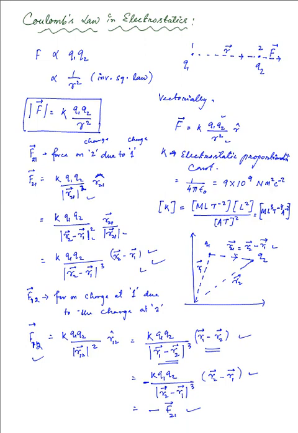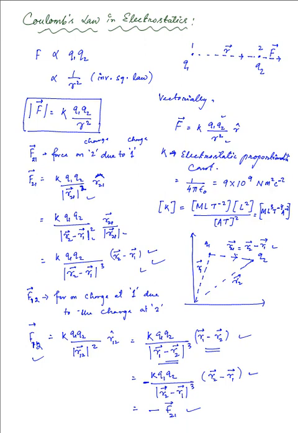Then also what we see is that with these position vectors taken on either side, if R21 is directed from Q1 to Q2, R12 will be directed from Q2 to Q1.